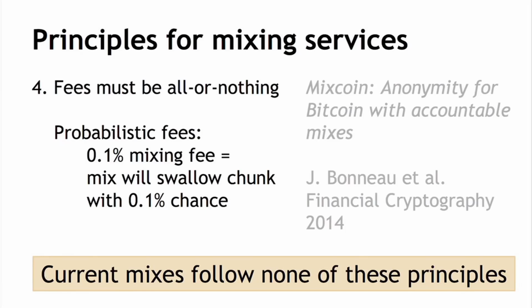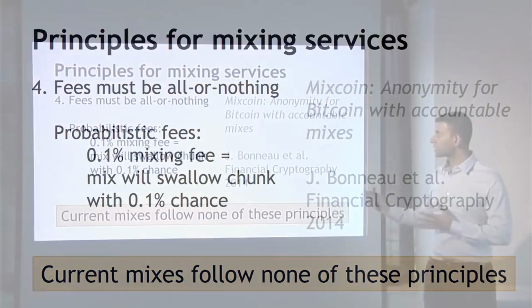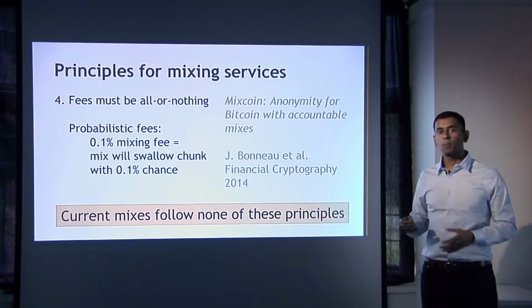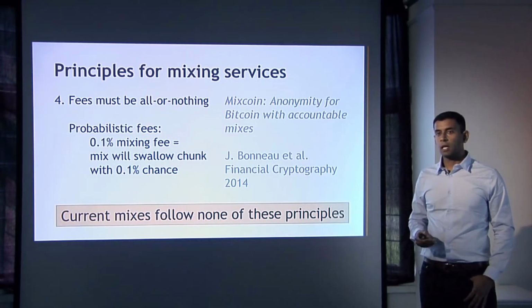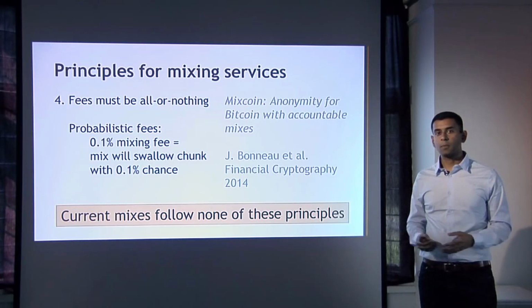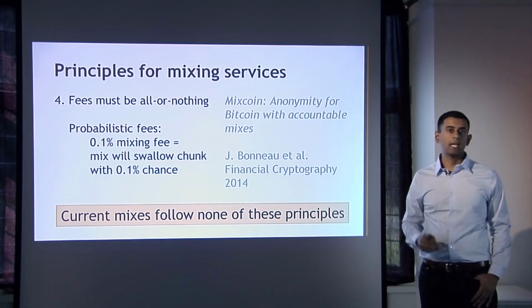And the mix will take some cut of that as a mixing fee and send the rest to the user. So we don't think this is a situation that gives mix users a lot of anonymity, but we think that by moving to a slightly different model based on these 4 principles, the anonymity properties of the mix ecosystem can be dramatically improved.